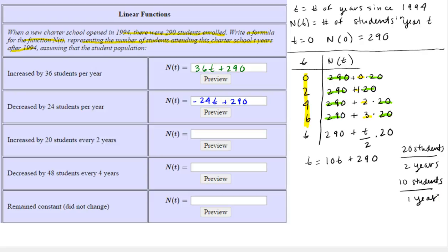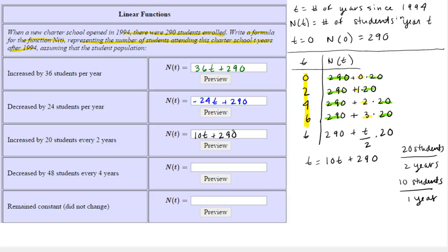So if you wanted to, we could have simplified this first to apply it to 1 year, find the slope, and then we have the initial value. So let's write this out, and we'll do that on the next problem. So here we have 10t plus 290.